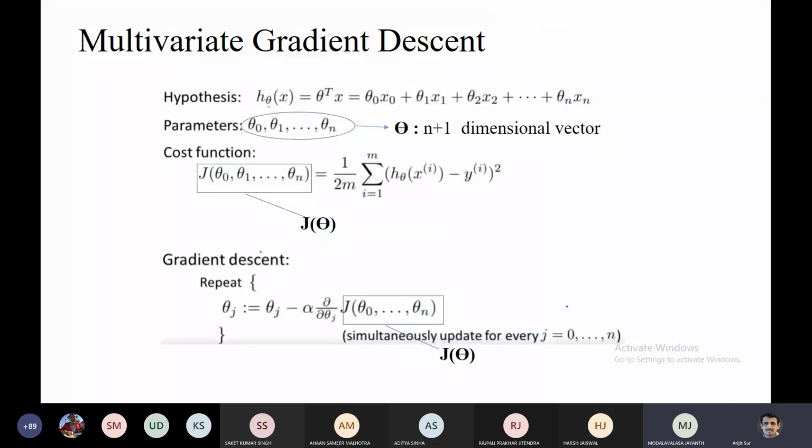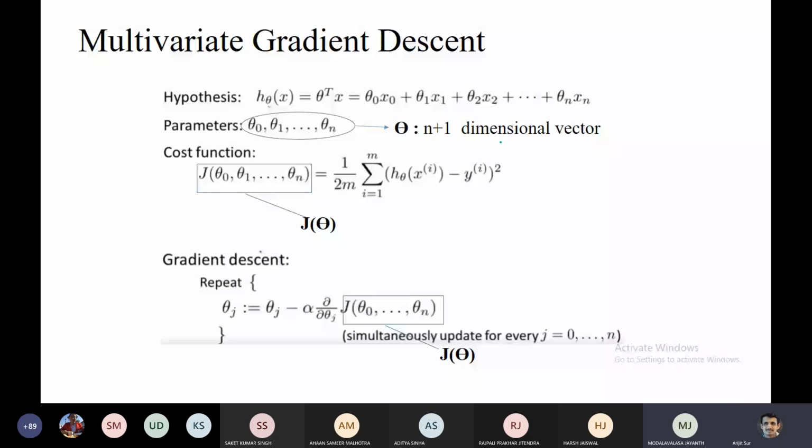Now let's understand what multivariate gradient descent is. Here h theta is equal to theta transpose x, so it looks like theta 0 x0, theta 1 x1, theta 2 x2, and so on up to theta n xn. The parameter theta is an n plus 1 dimensional vector.